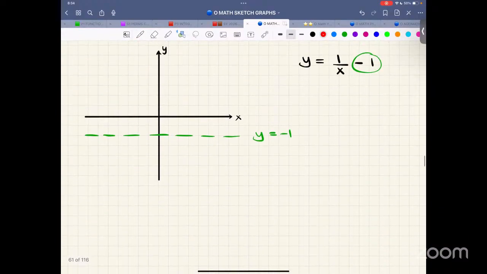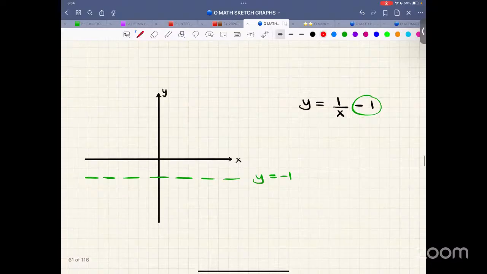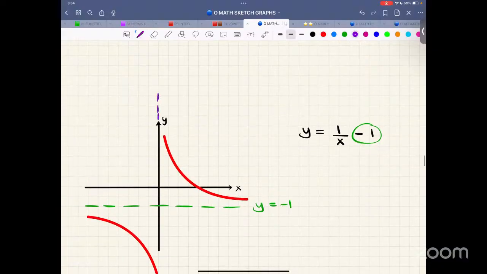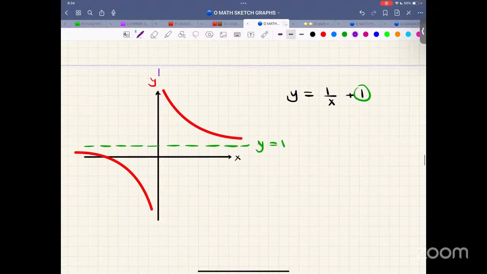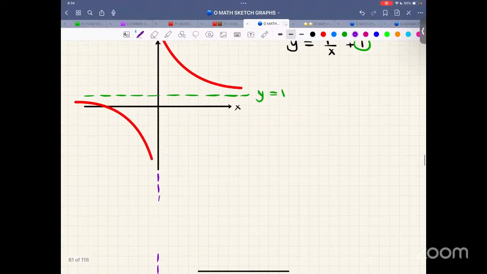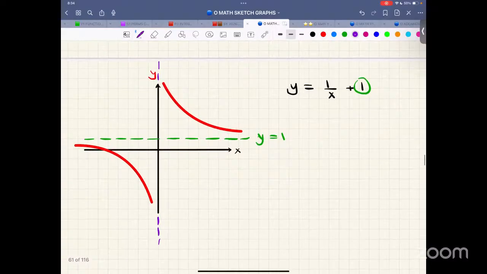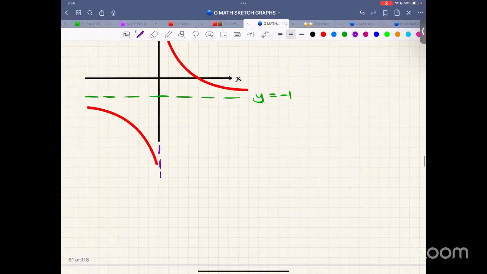Again, it goes like this. The vertical asymptote is unchanged. Got the idea? So now the horizontal asymptote has risen up. The horizontal asymptote has gone down.